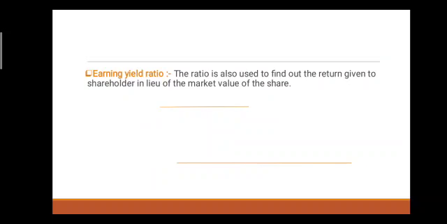Fifth one, earning yield ratio. The ratio is also used to find out the return given to shareholders in relation to the market value of the share. Formula: earning yield ratio is equal to earning per share divided by market value of share.